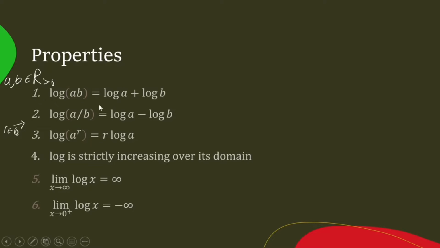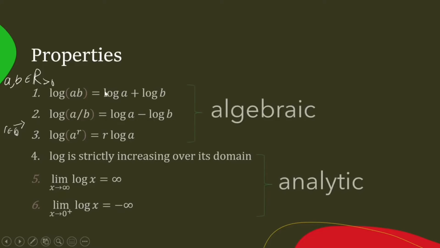But for example, number 1 is maybe the most popular property, the fact that multiplication inside the input can be broken up as addition, and there's some similar properties here, but in general these first three properties we can view as algebraic properties, and the latter three properties can be viewed as analytic properties.